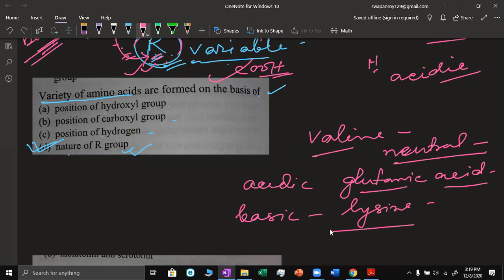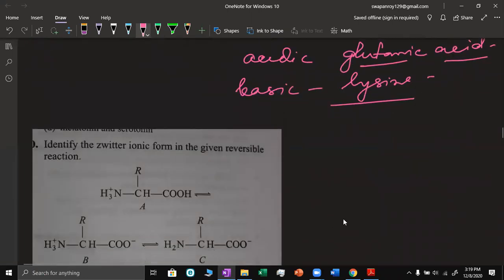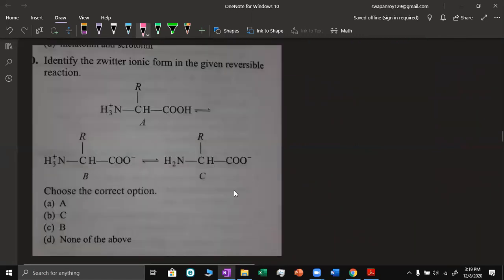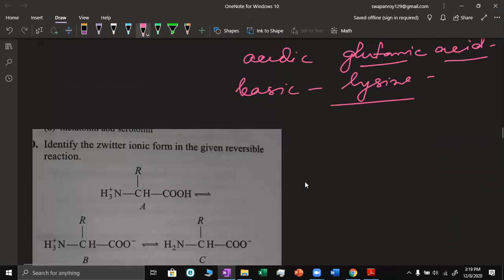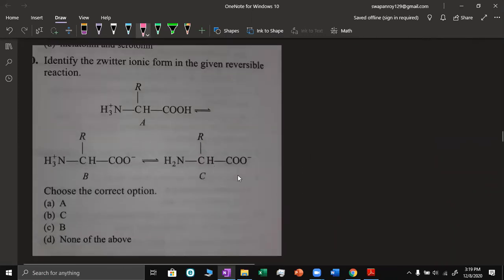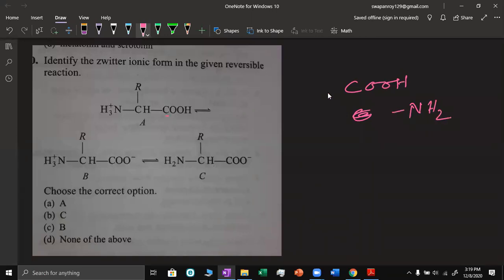Okay. Now, one very important characteristic feature of amino acids is that the carboxylic group and the amino group, both of these can undergo ionization.